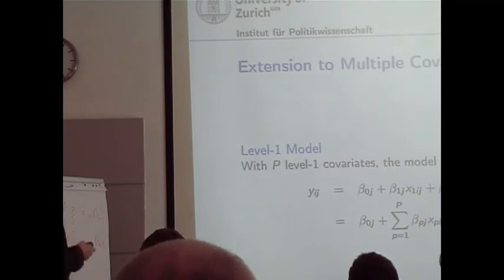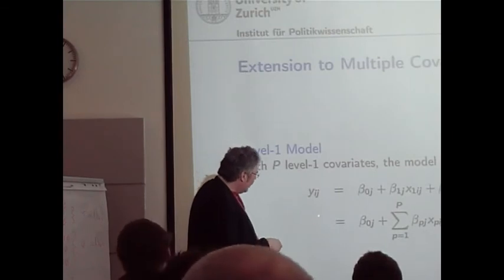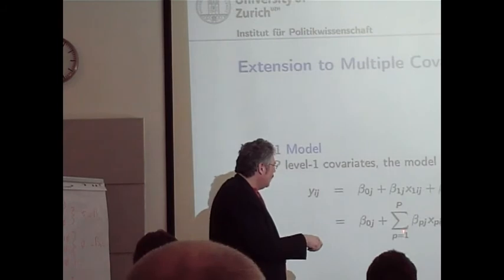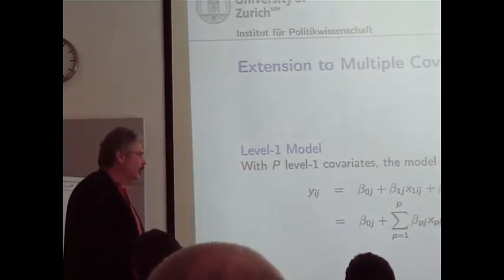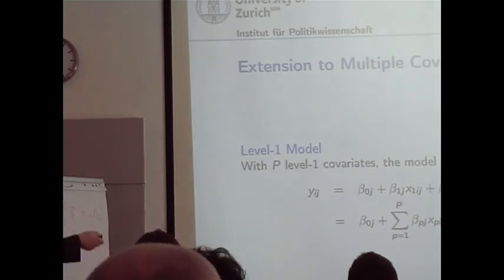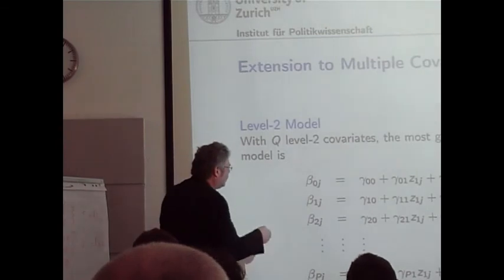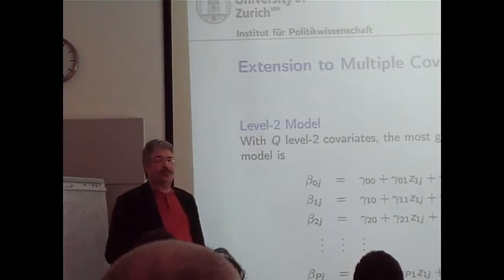And then with P level 1 covariates, we can write this model as Yij equals beta 0j plus the sum of the effects times the values of predictors over all the predictors plus this level 1 error. And for the level 2 model, we could, in theory, specify an equation for each of these random effects.